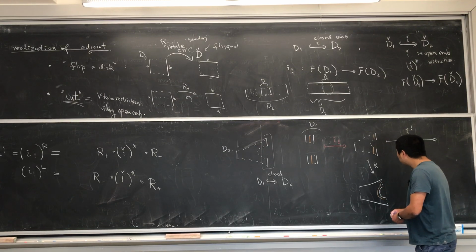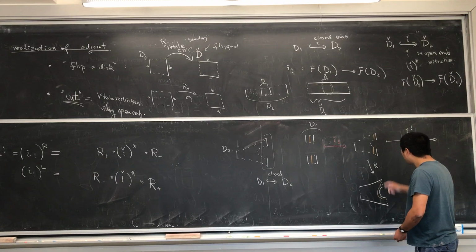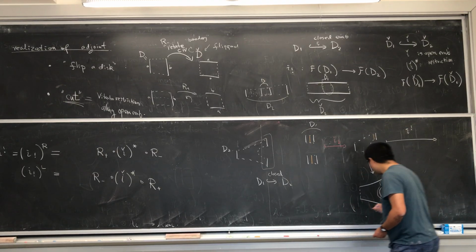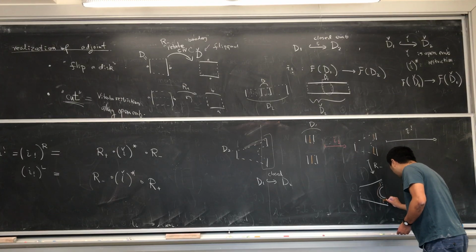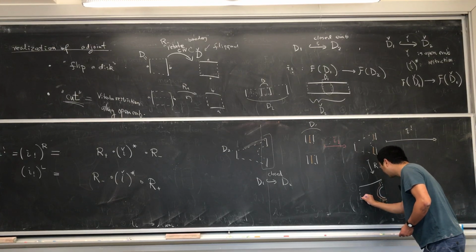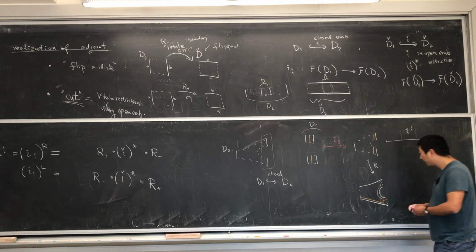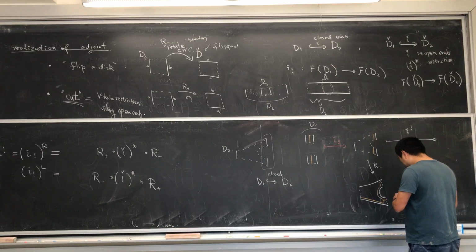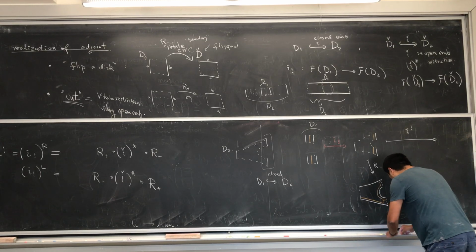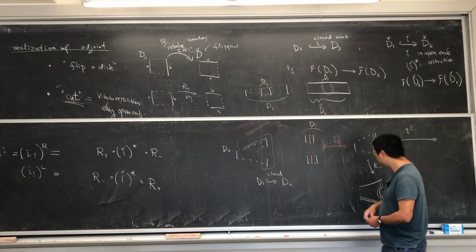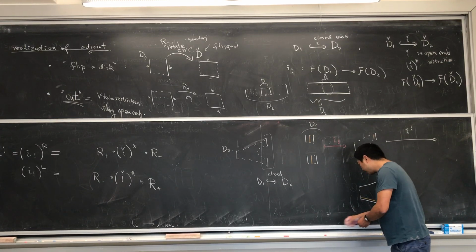And this guy will be, okay, right? I'm just twisting the boundary part. And then I do the cut. Now, this is a D2. This is a D2 flip.